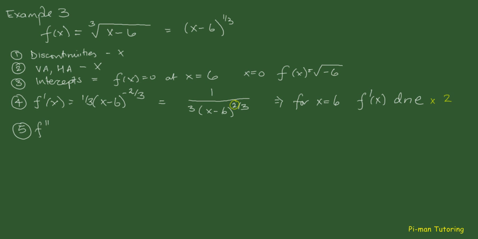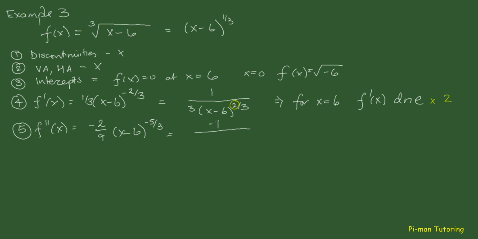Second derivative. Bring down the 2/3, we get negative 2 over 9. x minus 6, drop the power by 1, we get minus 5 over 3. Again, we'll write that as a fraction to keep it clear.